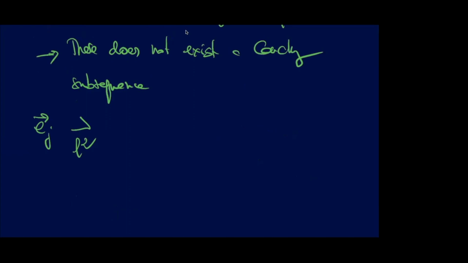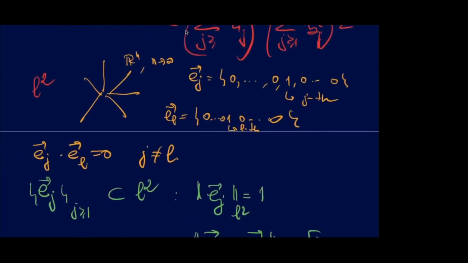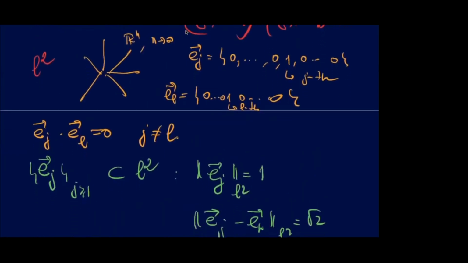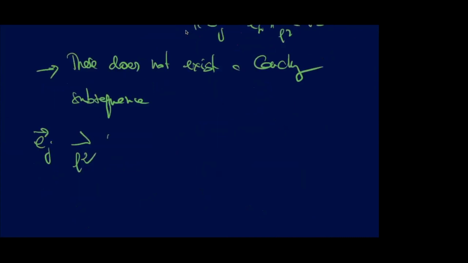Imagine you are jumping, like you go to the gym to exercise, and you like jumping. So you jump from one vector to another, and then to another, and then to another, right? In every jump, there is a distance square root of 2. What happens to you? You will be exhausted. You will be jumping and jumping and jumping, and you will never end. So the limit will be 0 energy, right? So the weak limit is 0.